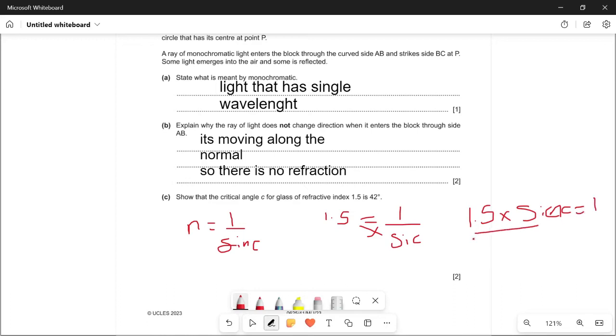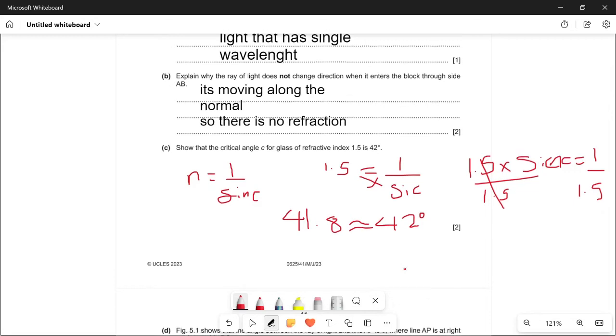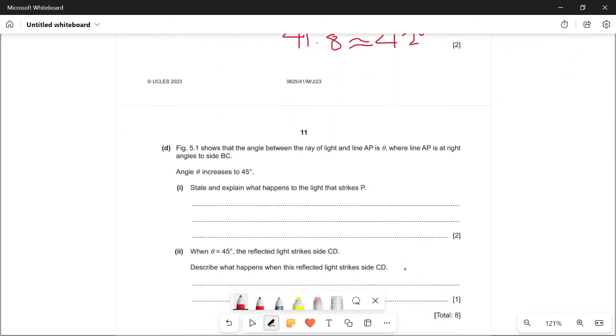So we can divide both sides by 1.5 to isolate sine C. So 1 over 1.5 would be 0.666. And then we can do shift sine on our calculator to find that it would be 41.8, which is approximately equal to 42 degrees. So that's how we find the critical angle.